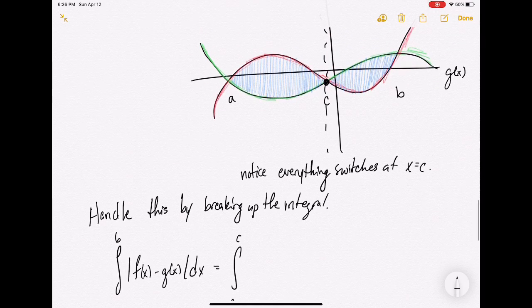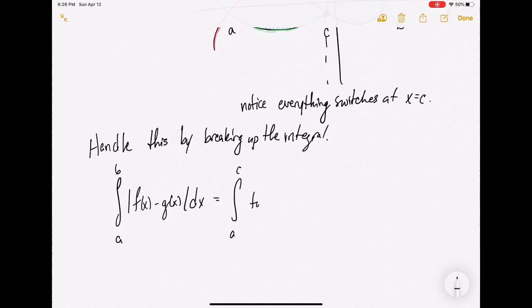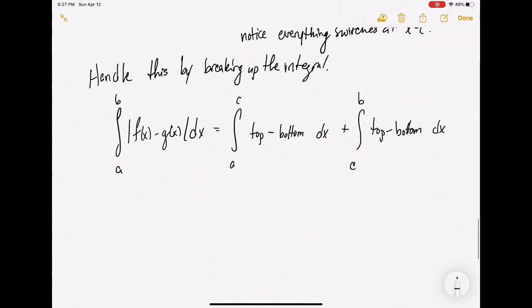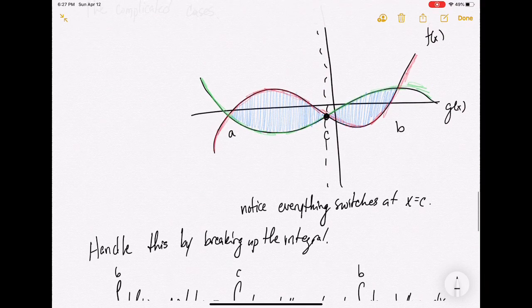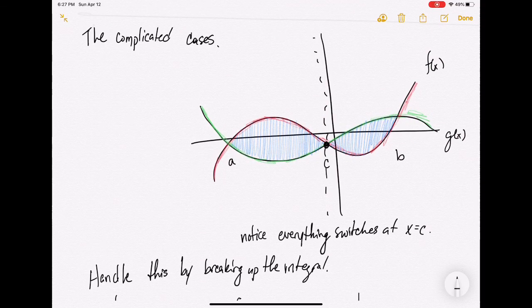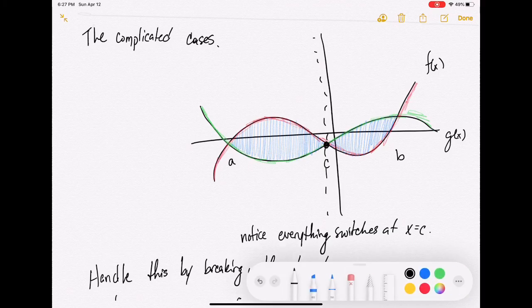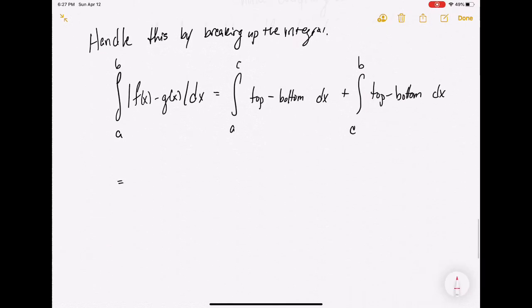Well, actually we'll just write this out then, top minus bottom dx plus the integral c to b top minus bottom dx. What is that? The top function on the left hand side, it's the red function, and the red function is f of x. Make sure we know that here. So it's red over here is the top one, and red is the bottom one there.